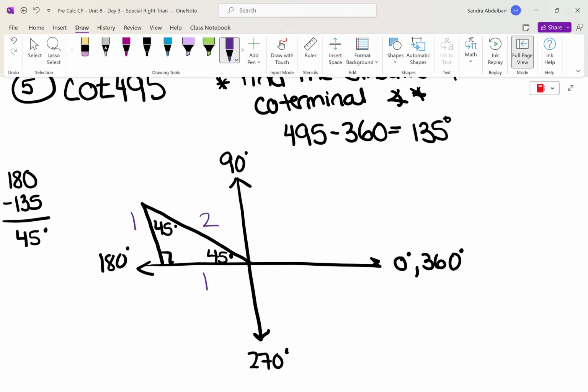Opposite the 45s are 1 and 1. Opposite the 90 is root 2. Only one of these numbers is negative. Which one's negative? The bottom one. The bottom one is negative.